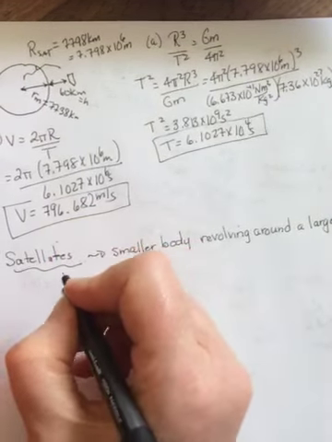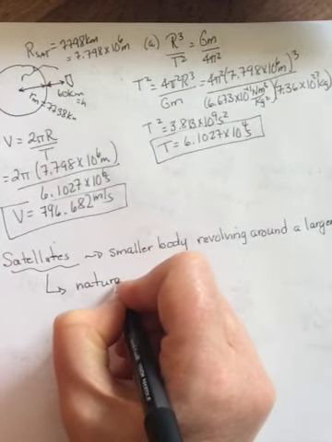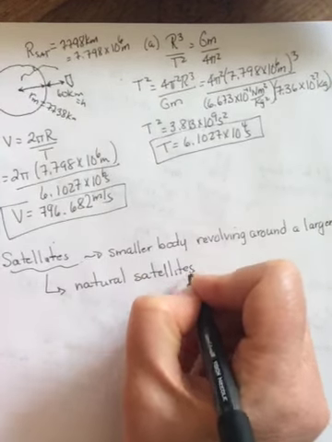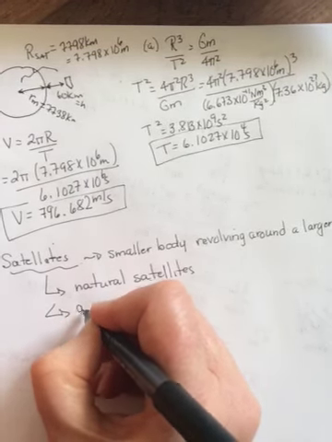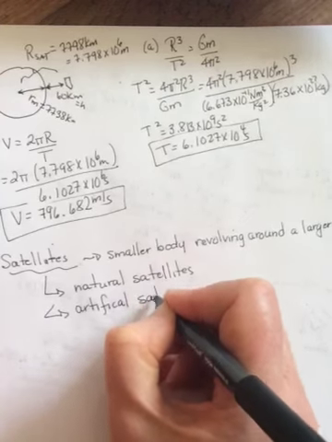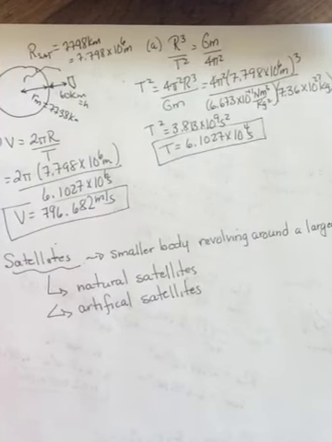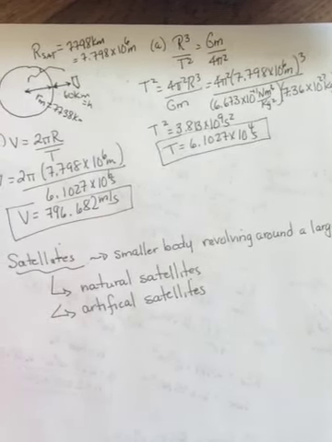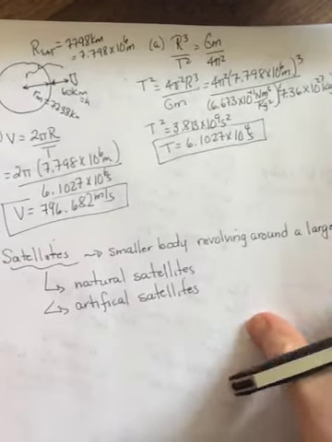So really we break satellites down into two categories: natural ones, which are the planets around the sun, the moons around the planets, and artificial satellites. And these would be our television satellites, our weather satellites, our GPS satellites, our spy or defense satellites, our communication ones for our phones and things.